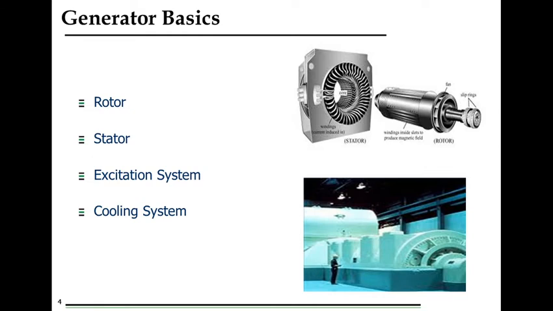This means if the field winding is in the rotor, the weight of the rotor is not so much, so the centrifugal force can be balanced. But if the armature winding was in the rotor, due to its weight, it would be difficult to balance the high centrifugal force. Now coming to the fourth part, that is the cooling system.